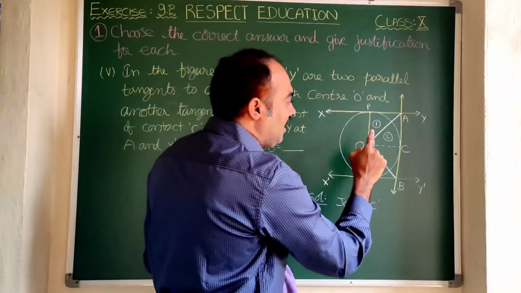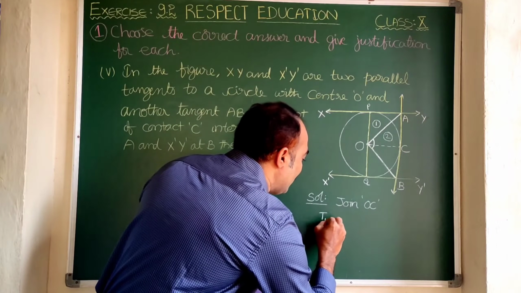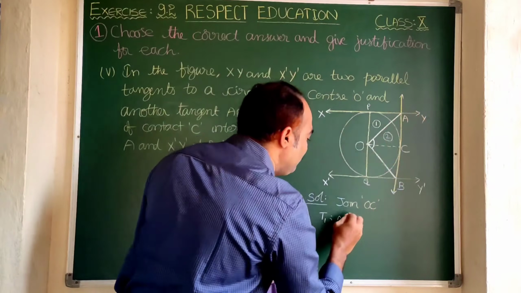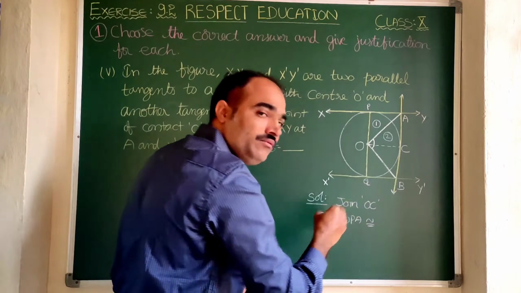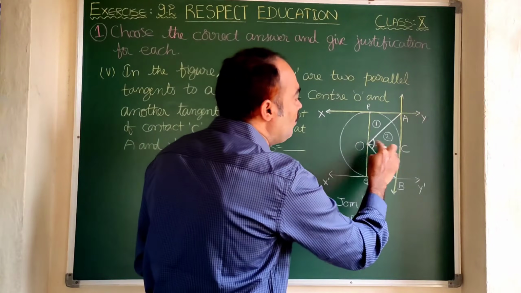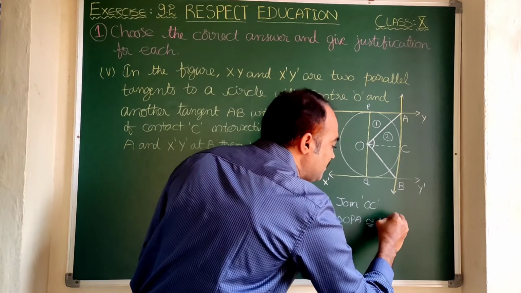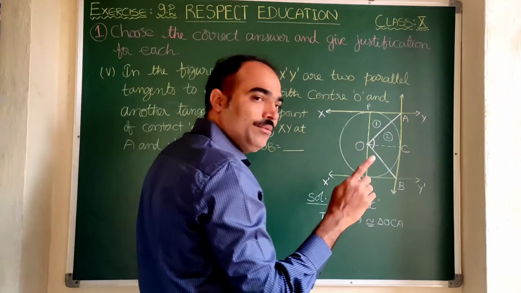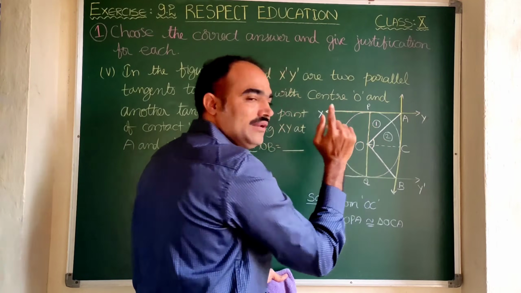So first our target 1 is that triangle OPA is to be congruent to triangle OCA. This is the first target with which we are able to conclude that these two angles are equal.